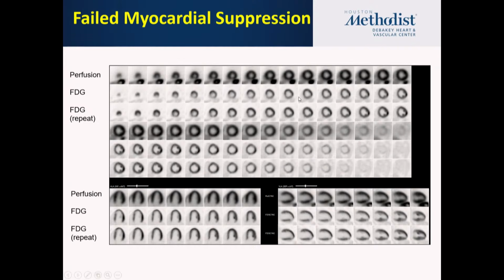At this time we're still investigating other potential tools to help us identify those that did not achieve appropriate free fatty acids in the blood, so that the study is non-diagnostic. Unfortunately, at this time, nothing has been guideline recommended to help guide us. We have to put it all together to identify those that fail versus those who have had a good study.